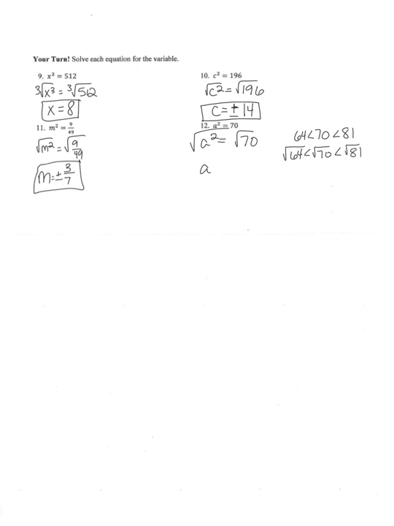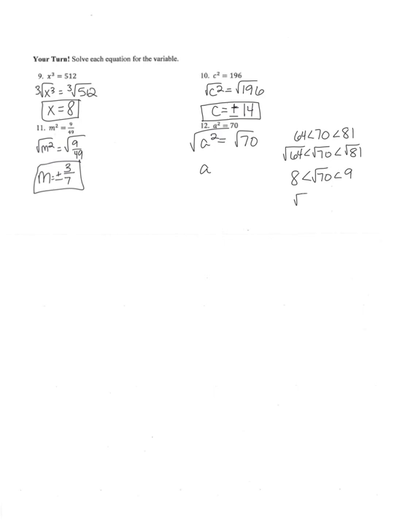And the square root of 64 is 8. And the square root of 81 is 9. So the square root of 70 lies somewhere between 8 and 9. And 70 is 6 digits from 64, while it is 11 digits from 81. So 70 is much closer to 8 than it is to 9.